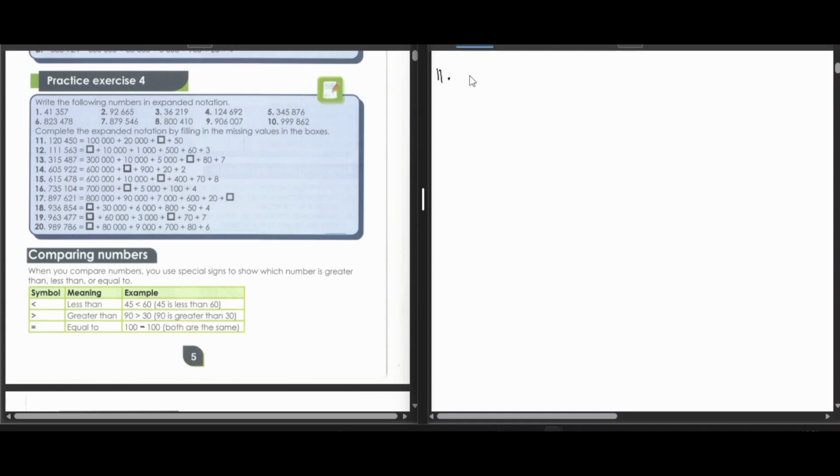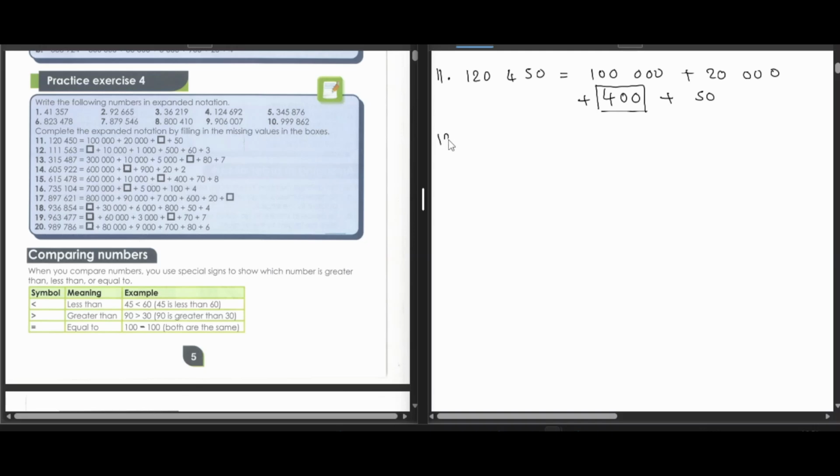So 11, 120,450 is equal to 100,000 which is written, plus 20,000 which is written, plus, so we start here at this 0, we skip and go to 4, so plus 400 plus 50. 400 is the one in the box, like this.